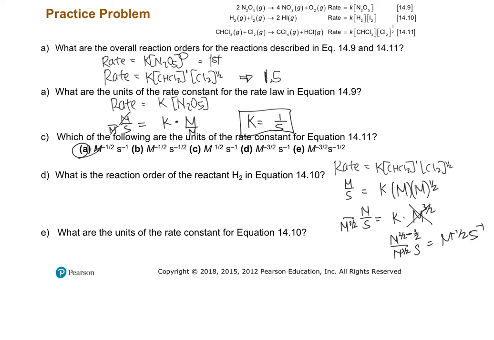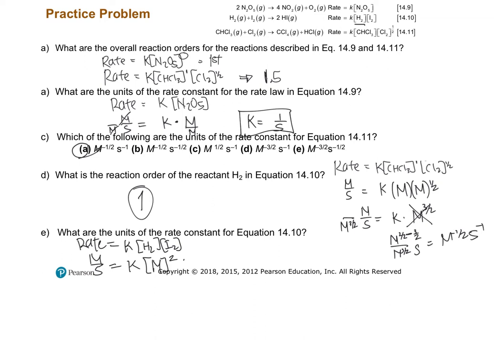Reaction order of the reactant H2 in 14.10. H2 just is 1, so reaction order of 1. And the rate constant in 14.10. So I have rate equals K times H2 times I2. So rate is molar per second equals K. I have molar times molar, so I have molar squared.